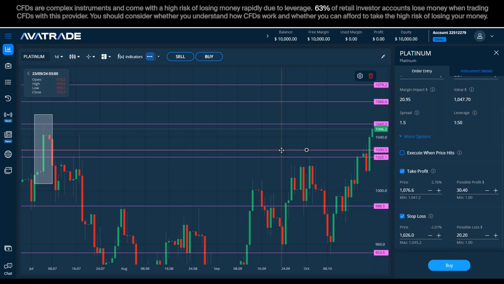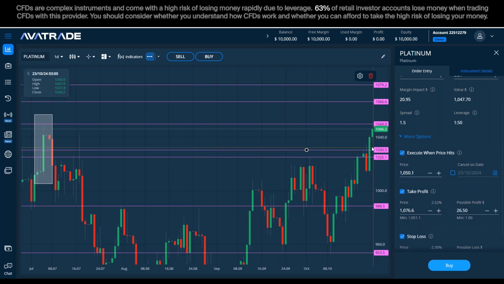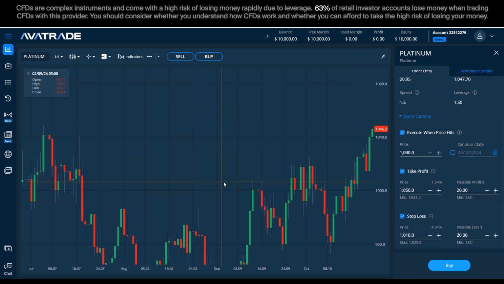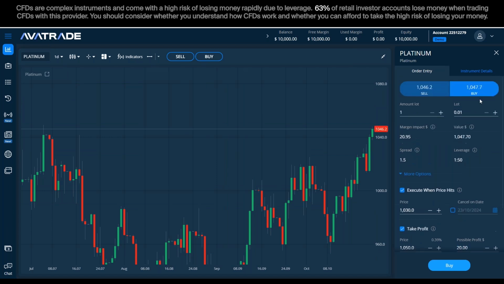So my buy price target will be 1030, and then the $20 that I was hoping for can be 1050. And in the stop loss, 1010.